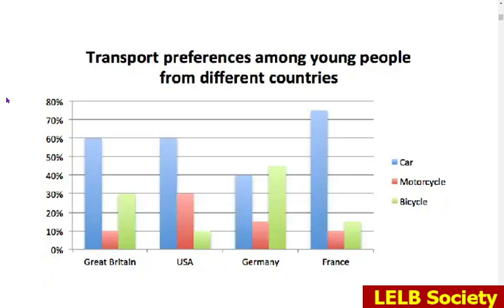So I will give you one moment to consider this graph. So, transport preferences among young people from different countries. And there are 3 vehicles: cars in blue, motorcycles in red bars, and also bicycles that are represented in green bars.